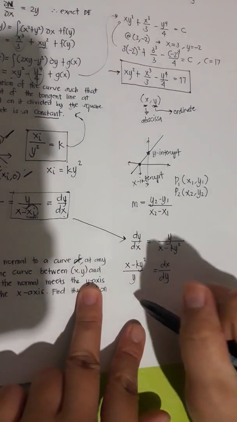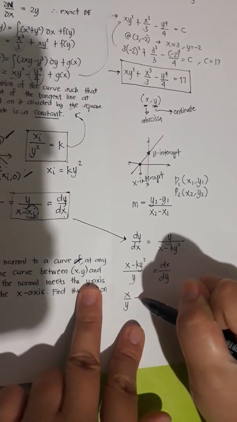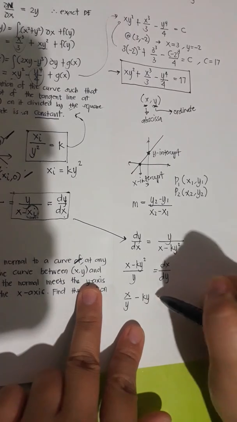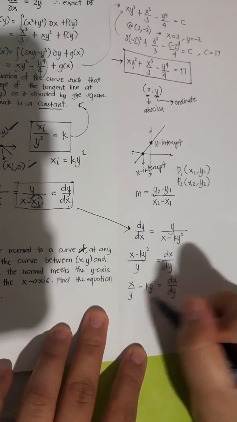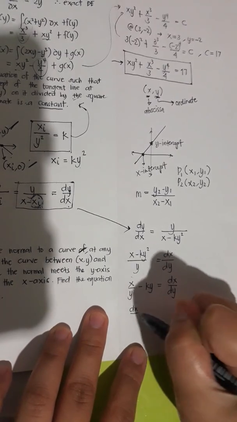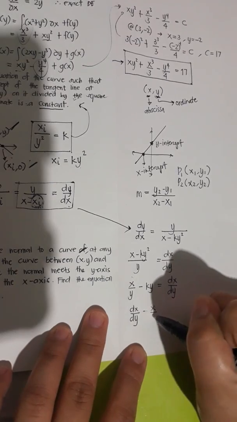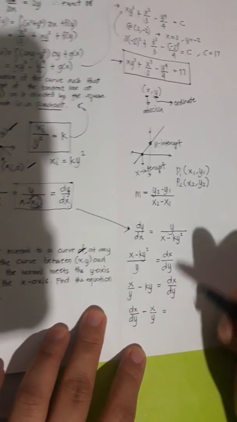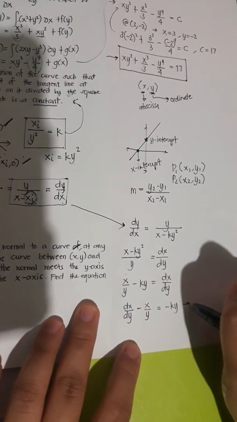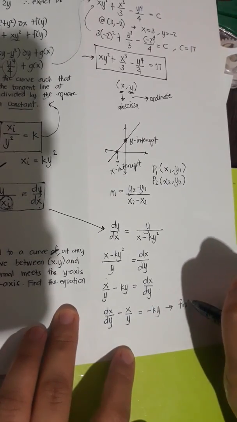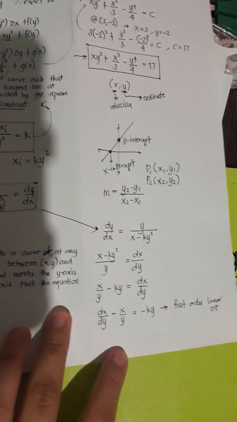So this becomes x over y minus k times y equals dx over dy. Then we transfer x over y to the other side, so we have dx over dy minus x over y equals negative ky. Now this is a first order linear DE.